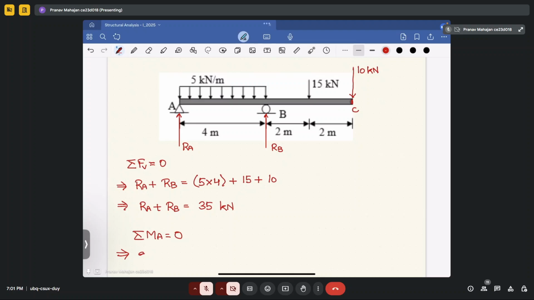So first comes the uniformly distributed load, 5 into 4, and it will be acting at a distance of 4 by 2. Fine. Minus RB into 4 plus 15 into 6 plus 10 into 8 equal to 0.